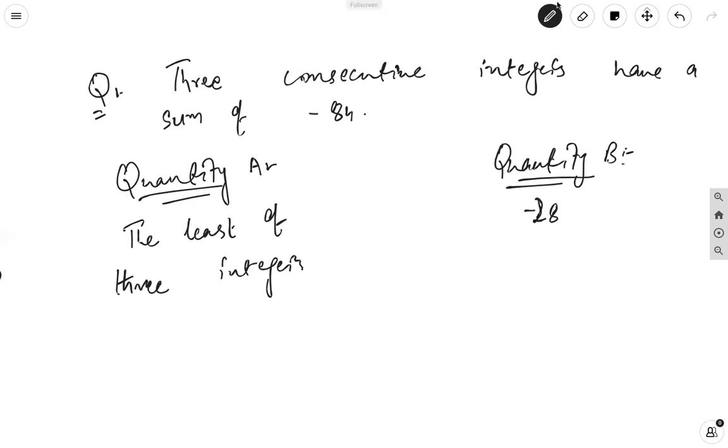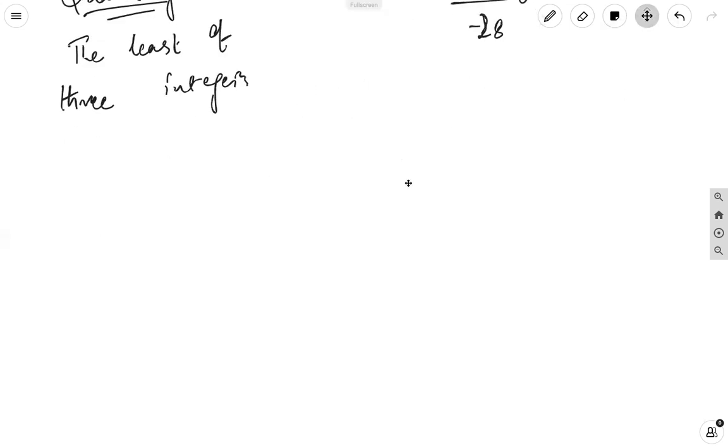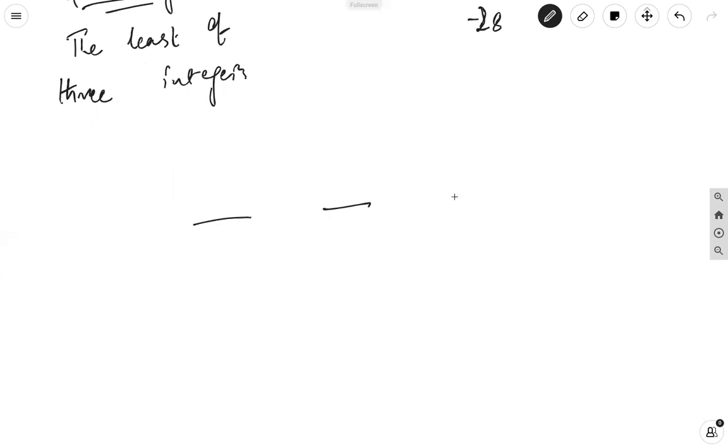The question is saying that we have 3 consecutive integers having a sum of minus 84. So we have 3 integers whose sum is minus 84. By doing the way we discussed earlier, let's call this x, and this x plus 1, and this x minus 1. All of these are consecutive integers. Now if we add these, plus 1 and minus 1 will cancel out, 3x will be equal to minus 84.